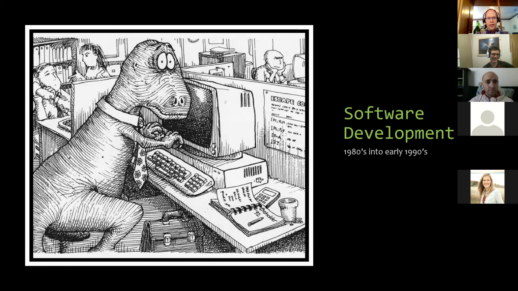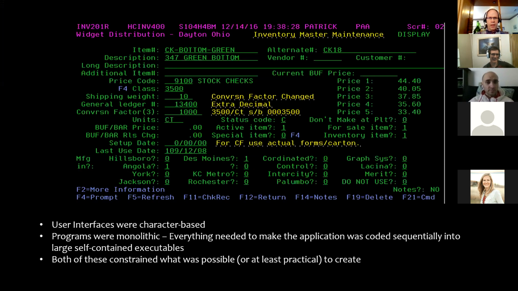Back in the day when I first started programming computers, everything was character-based and programs were monolithic. Everything had to be put into one large self-contained executable, which made it difficult to maintain and modify at times. Both of those factors really constrained what was possible to create in terms of software.